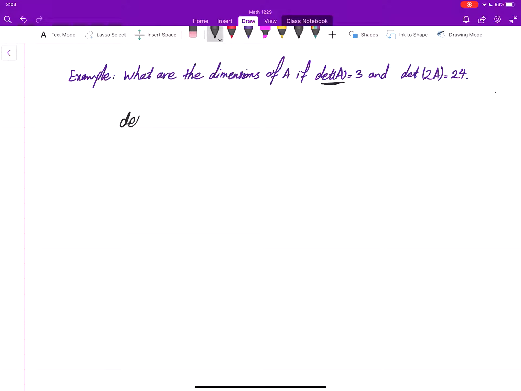We know that the determinant of 2A is equal to 2 to the power of the number of rows of A, times the determinant of A. In other words, we have 2 to the power n times 3, which is equal to 24.